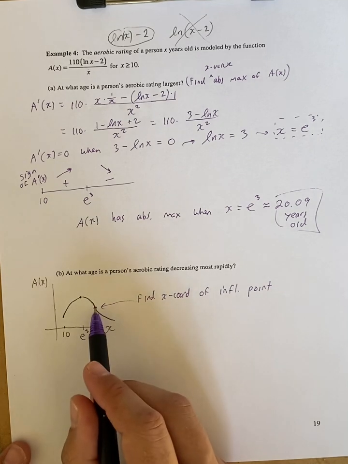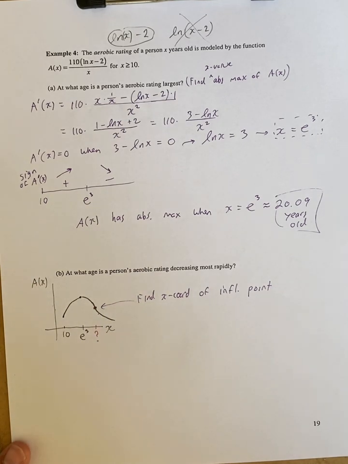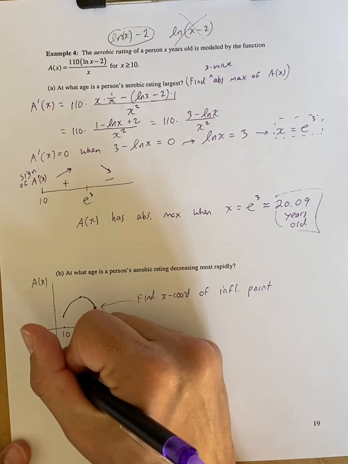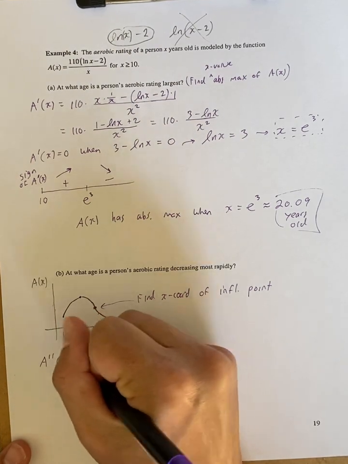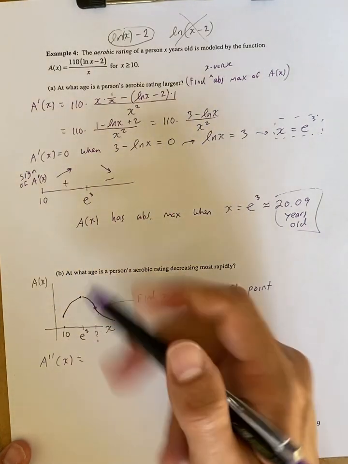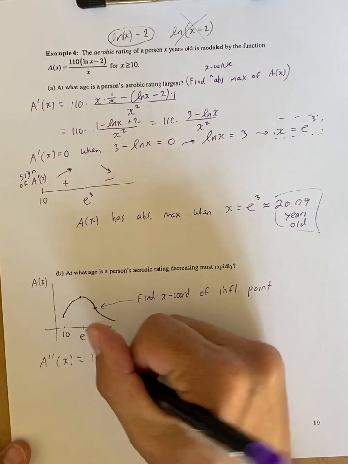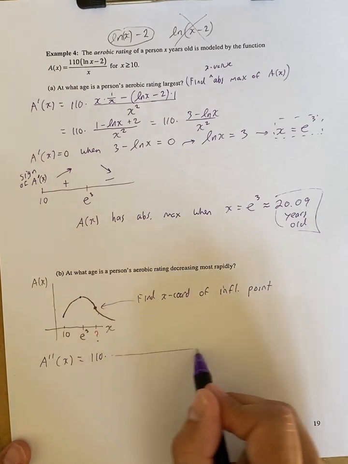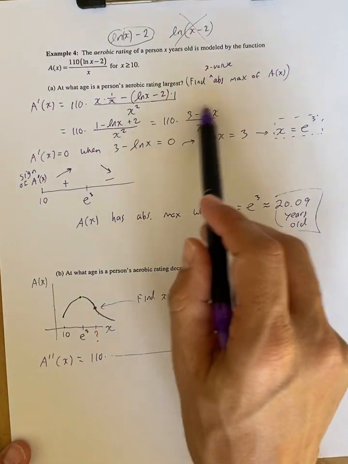And we know that it would occur at an x value that is a solution to when the second derivative equals 0. So we need to find the second derivative of a of x, set it equal to 0, and solve. So I'm taking the derivative of the derivative. This 110, again, I can leave on the outside. And then I'm taking the derivative of this.